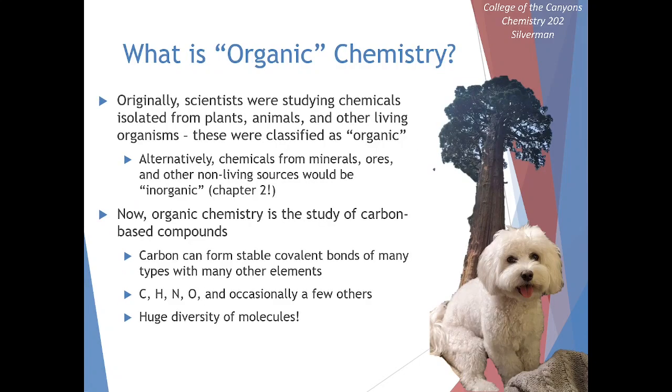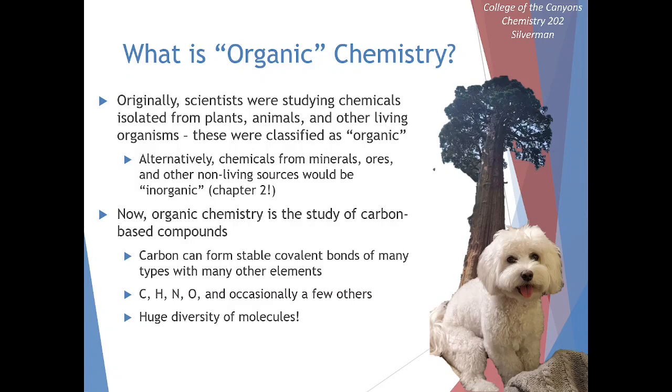We can start here thinking about, well, what is organic chemistry? Originally, the idea was looking at molecules that can produce living organisms, but our definition today is now based on carbon-based compounds. The reason being, these quote-unquote organic compounds don't have to come from living organisms.